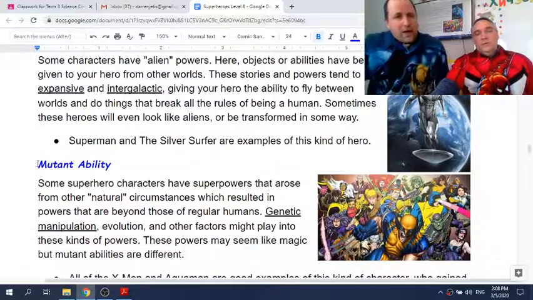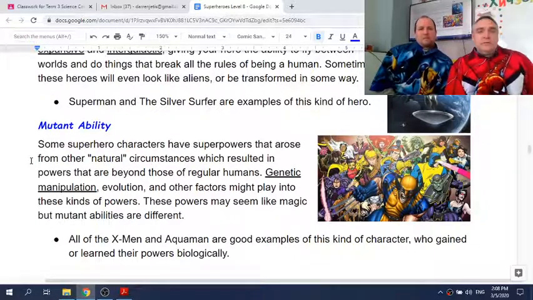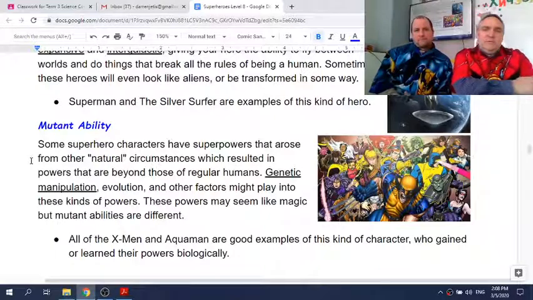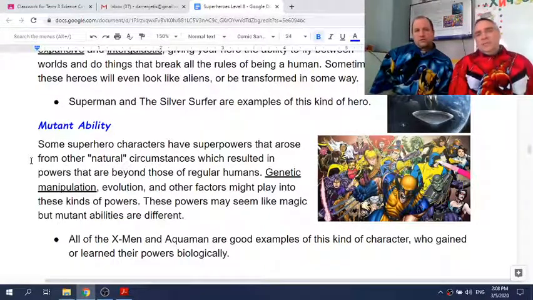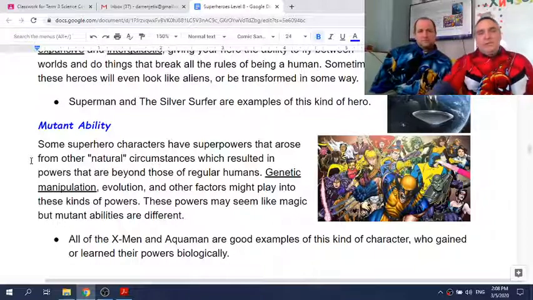Okay, mutant abilities. So some superhero characters have superpowers that arose from other natural circumstances which resulted in powers that are beyond those of regular humans. Genetic manipulation, evolution, and other factors might play into these kinds of powers. These powers may seem like magic, but mutant abilities are different.